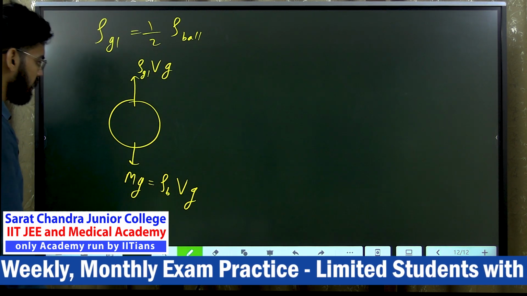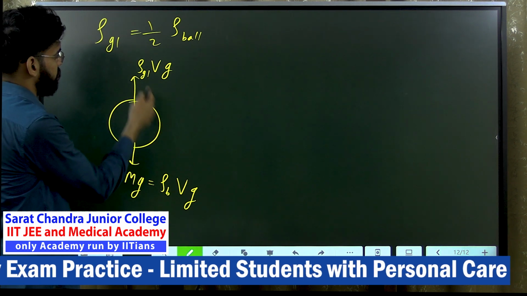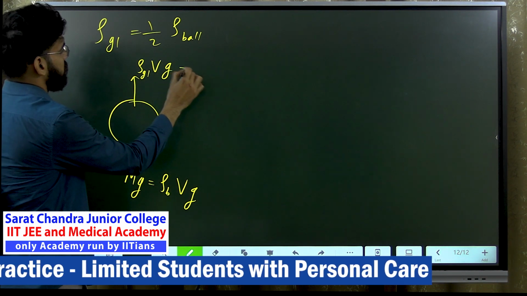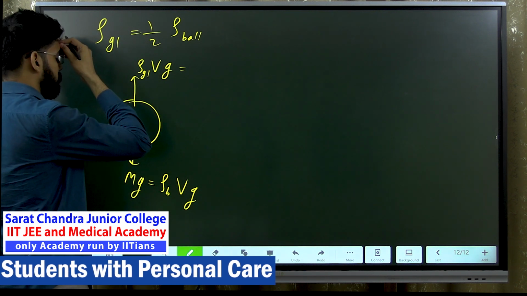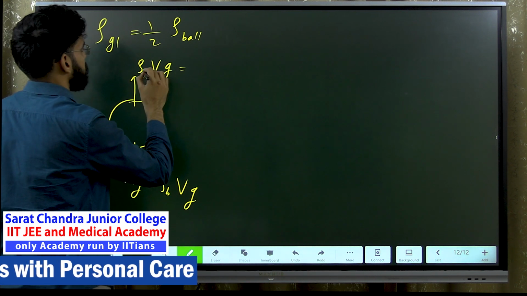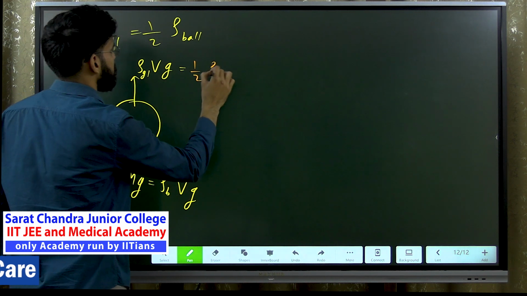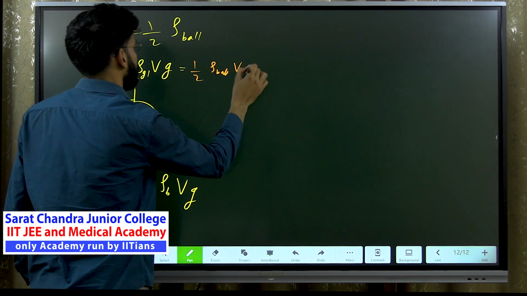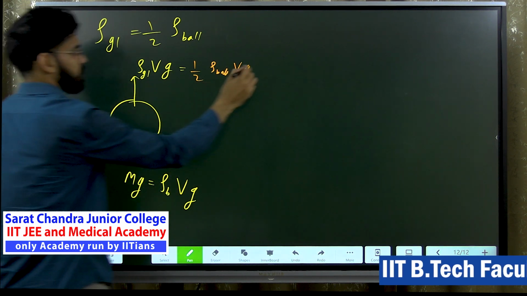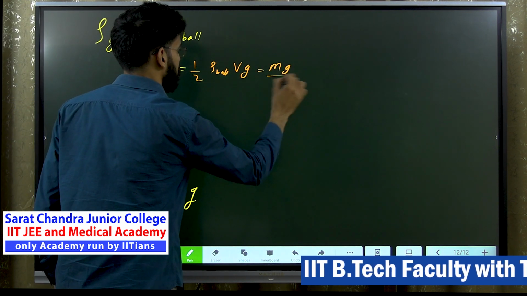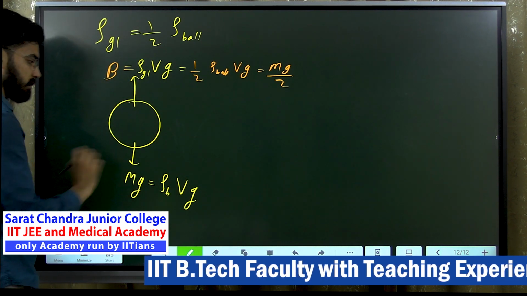If density of glycerine is half of density of ball, so 1 by 2 times of density of ball into volume into g. It is completely inside, so volume is also equal. So this is mg by 2. Buoyancy force is mg by 2, and this is gravitational pull.